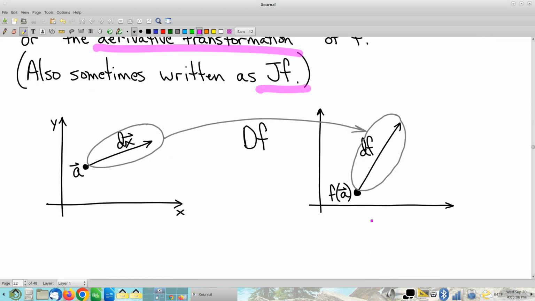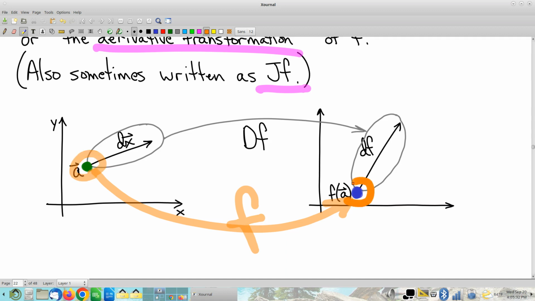Okay. Just to have a picture, keep in mind what a function does. A function takes an input point to an output point. So, for example, this input point right there goes to this output point right there, and the function f takes that input to that output. That's what functions do. What does a derivative do?